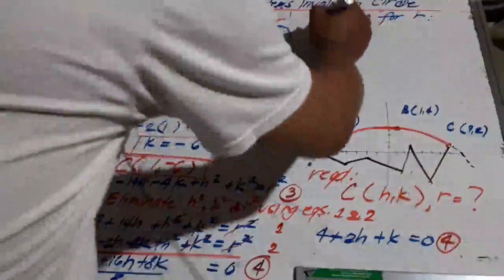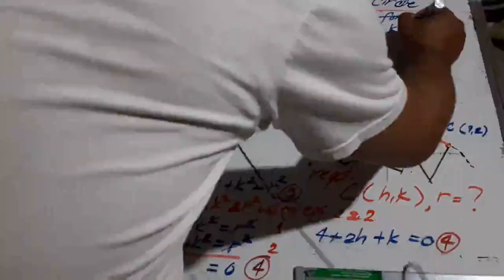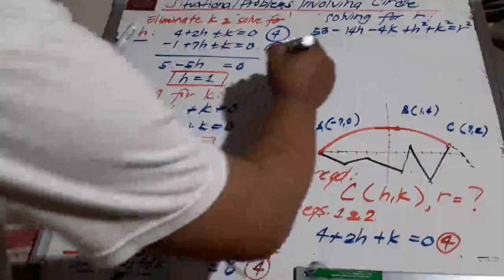We have 53 minus 14h minus 4k plus h squared plus k squared equals r squared. Substitute natin yung values ng h and k. We have 53 minus 14 times 1 minus 4 times negative 6 plus 1 squared plus negative 6 squared equals r squared.